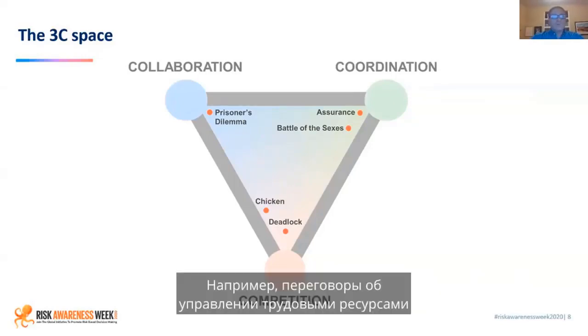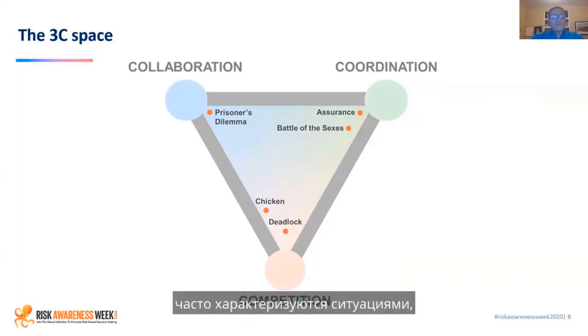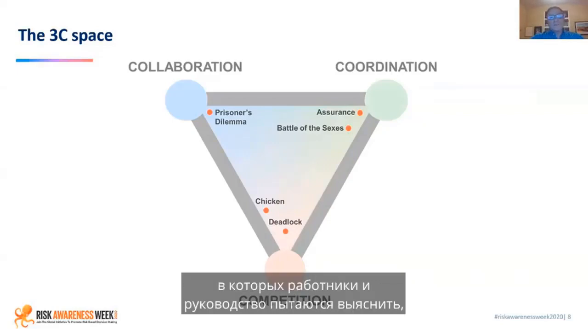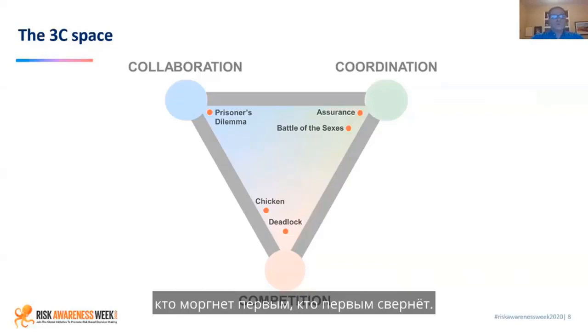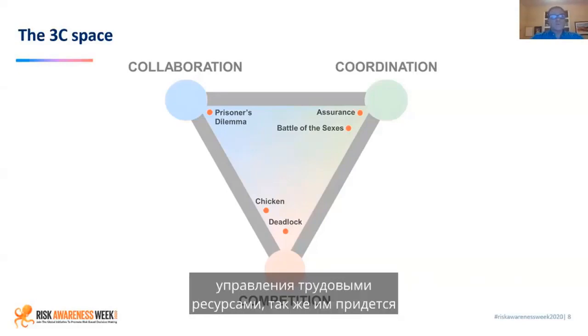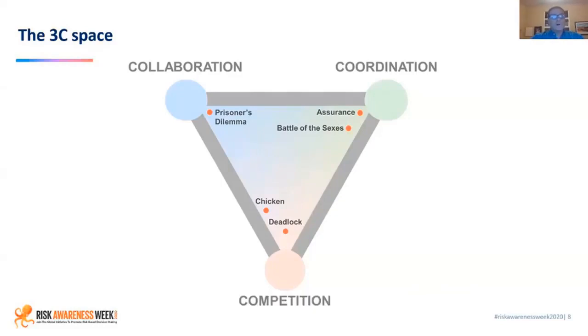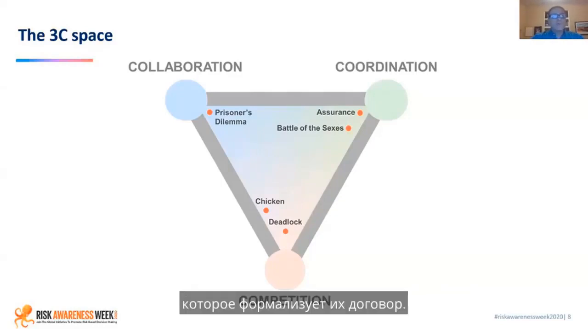For example, labor management negotiations are often characterized by chicken-like situations in which labor and management are trying to figure out who will blink first, who will swerve first. And at the same time, they're trying to negotiate because there's a win-win potential for both labor and management, and they will have to sign some sort of an agreement institutionalizing or formalizing their agreement.